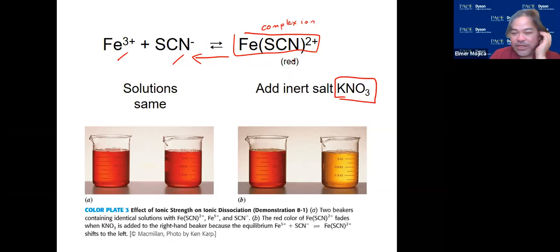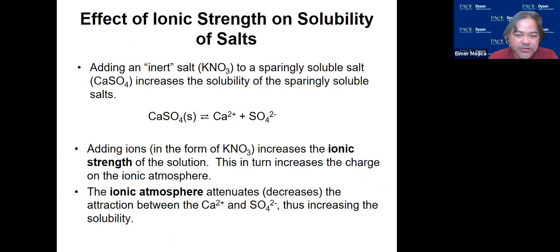Okay? But to understand what is happening here, we look at the system wherein we talk about solubility. So we go to the system known as calcium sulfate. So when you have calcium sulfate, if you recall your solubility rules, I think calcium sulfate is one of those that precipitates.